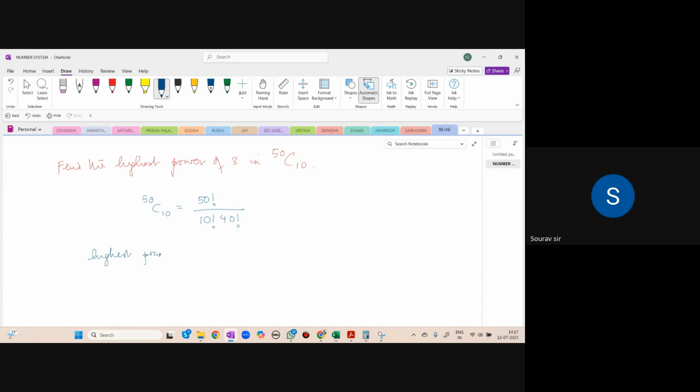Okay, let's do highest power of 3 in 10 factorial first. How many 3's are there in 10 factorial?